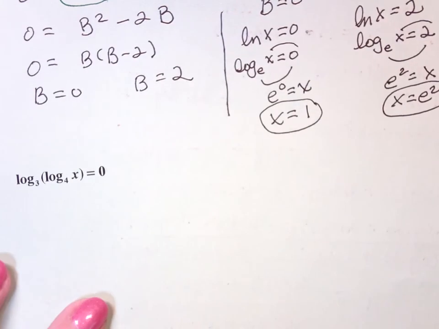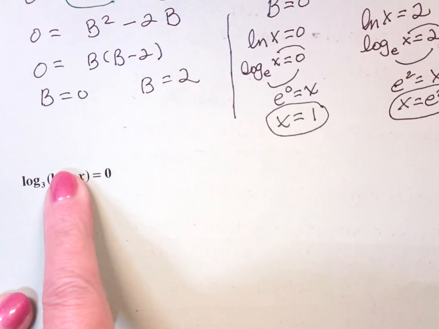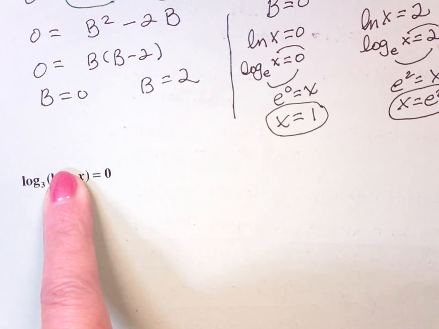This one, there are a couple of things that you can do. One of the things is, if that wasn't there, I could work the problem. If that were just an x, I'd just say 3 to the 0 equals x. But I can still say that.